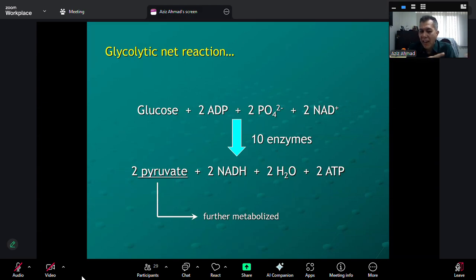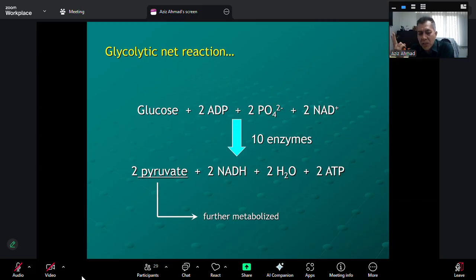But you must remember, NADH is also produced in glycolysis, which occurs in the cytosol. So there are two sources of NADH: one from glycolysis in the cytosol, and the other from the Krebs cycle in the mitochondria. So the issue is that NADH from the cytosol must be transported into the mitochondria.